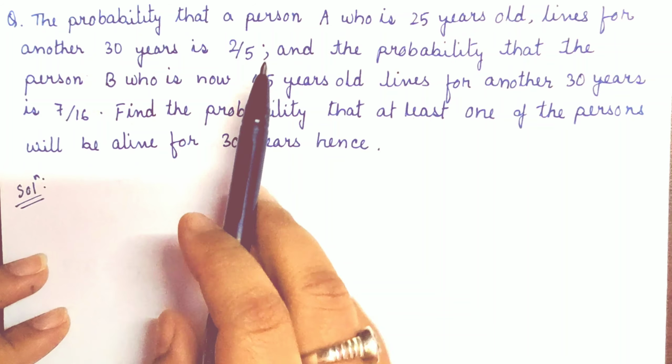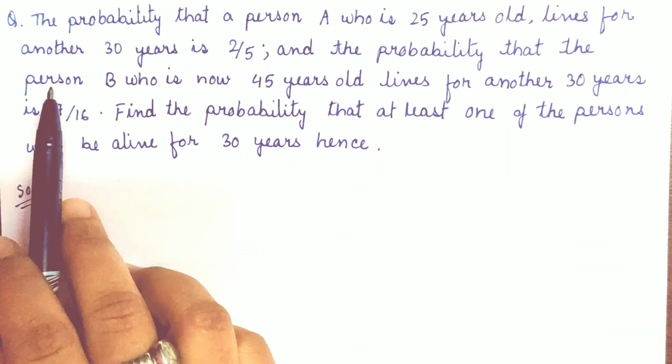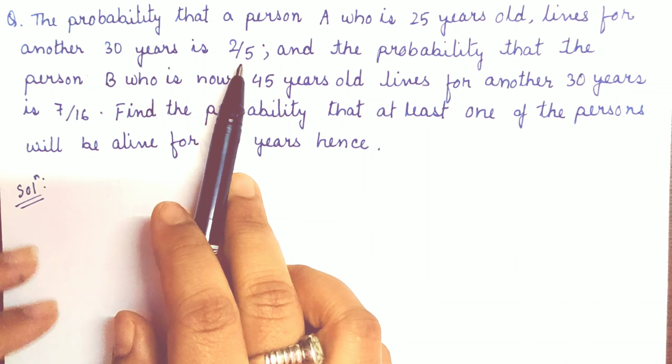The probability that a person who is 25 years old lives for another 30 years is 2 by 5.